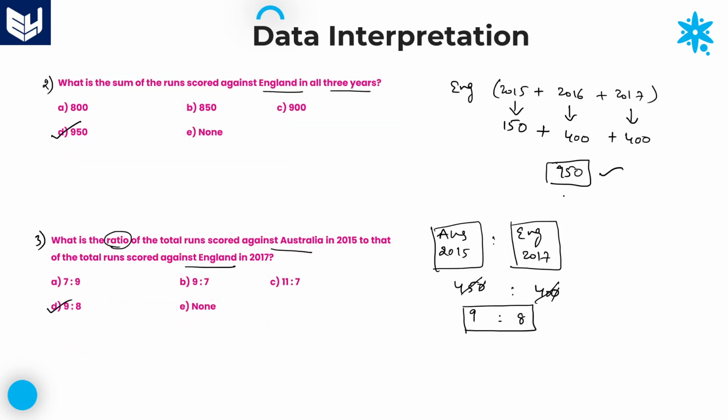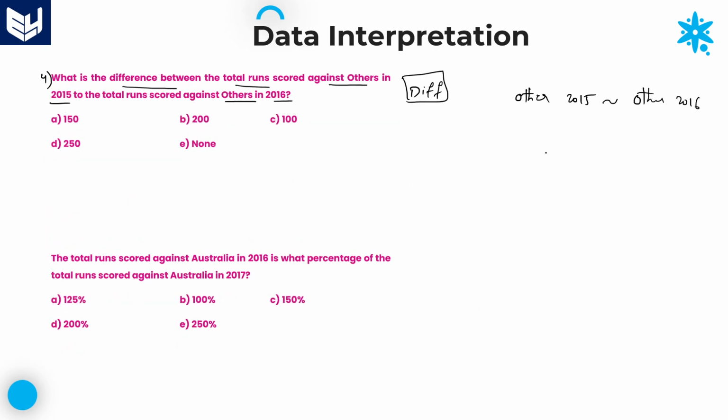Take the difference between those two. 600 minus 450. Therefore, the required difference between others 2015 and others 2016 is equal to 150. 150 is the required difference between those two values.